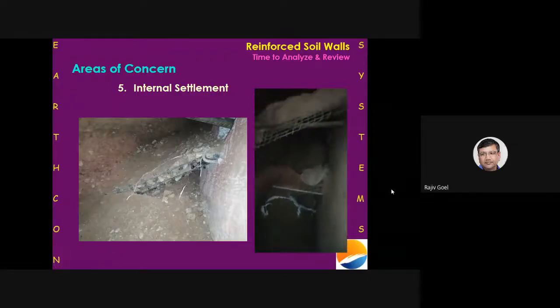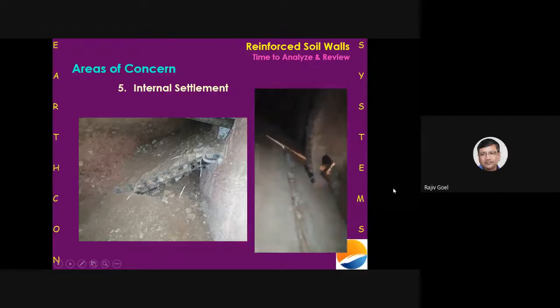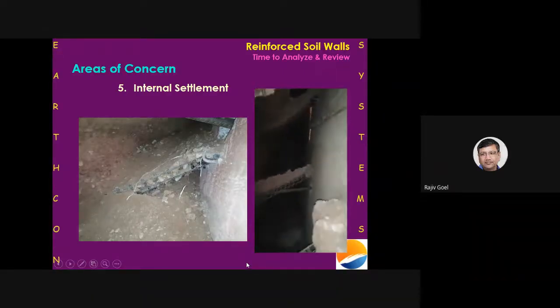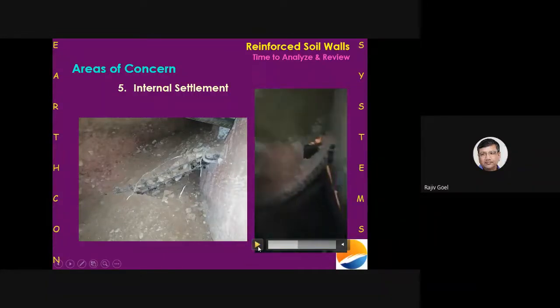But the point I'm trying to make, I'll try to show you here. See this? This geogrid, which is connected to the fascia panel, is going down like this. And from this point to this point, believe me, is more than 300 millimeters.